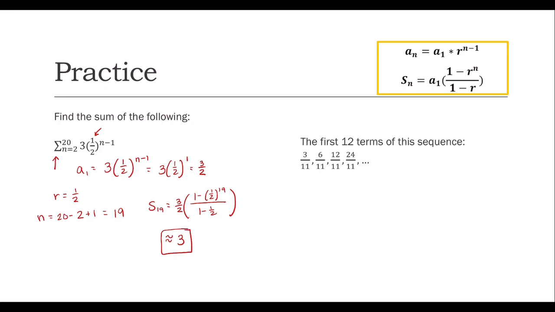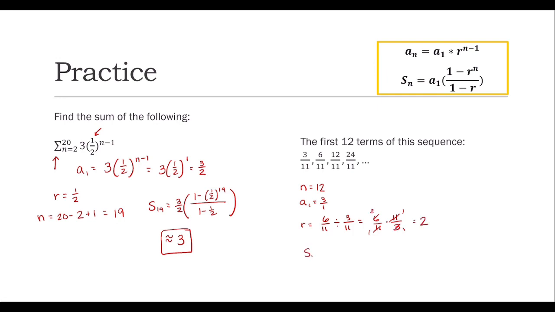So for this next example, we're finding the sum of the first 12 terms in the sequence. So we know the number of terms is 12. Our first term is going to be 3/11, and then our rate is going to be our second number divided by our first number, which is 6/11 times 11 over 3, which we can simplify down to just 2.